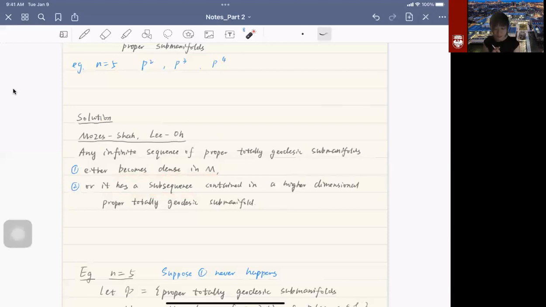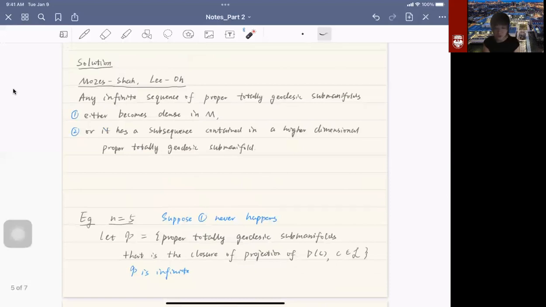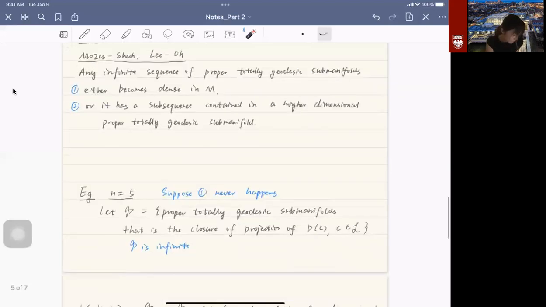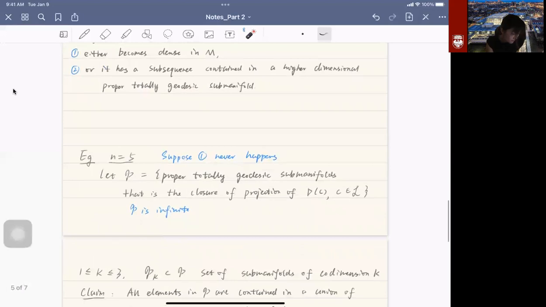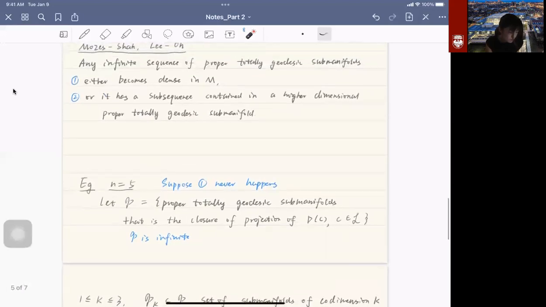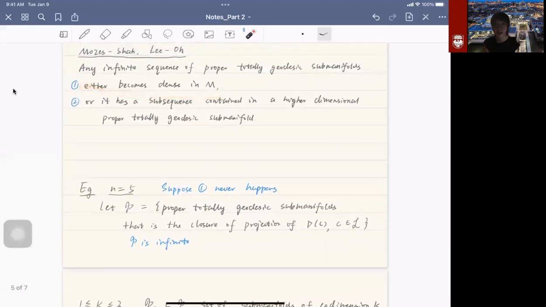For example, let's look at the case when n is equal to 5. Let's suppose the first case never happens. Then we will find the contradiction.